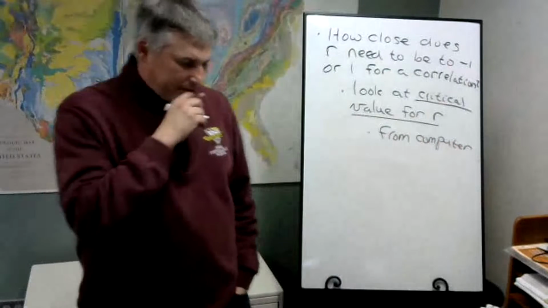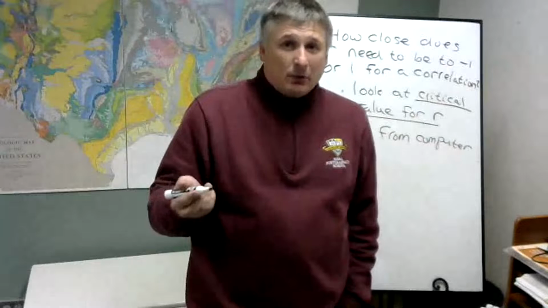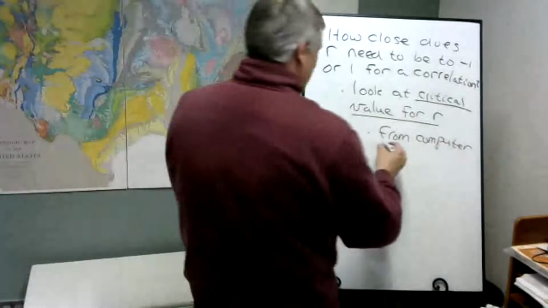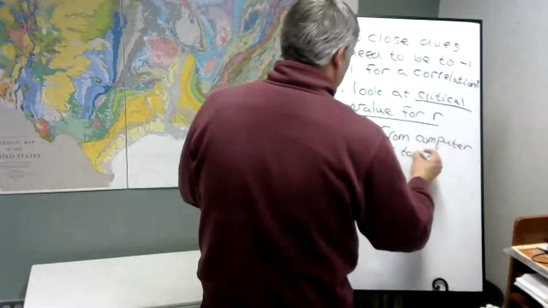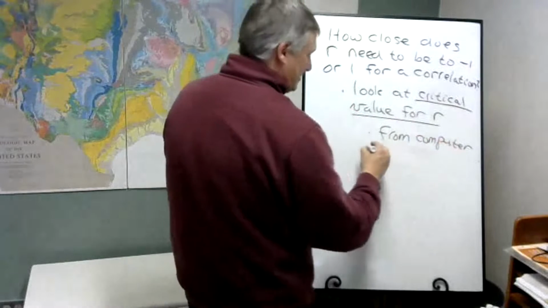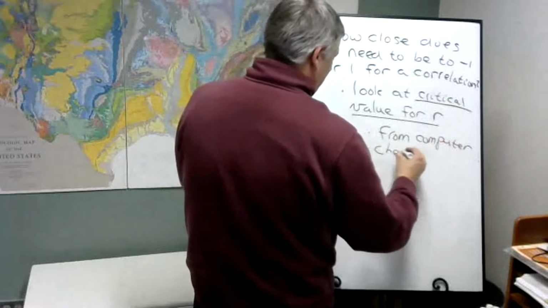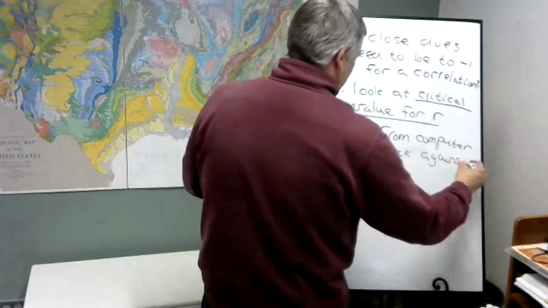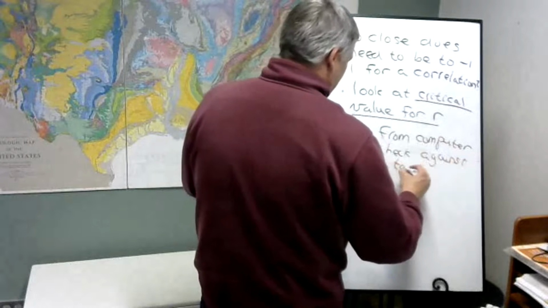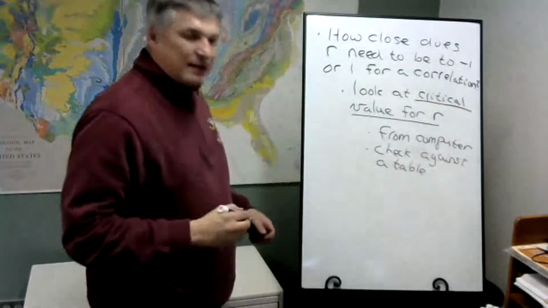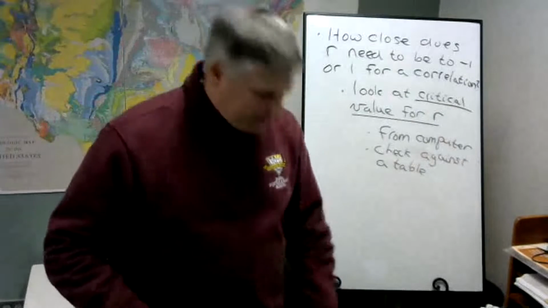And the way it's set up, or actually a table also, that's what we're going to do. So I'm going to say, well, we're going to get it from a computer, and then we're going to check it against a table. And they do have a table in the text, just a small one.